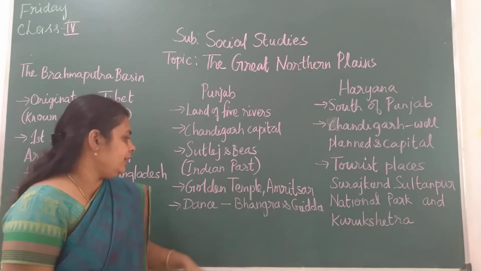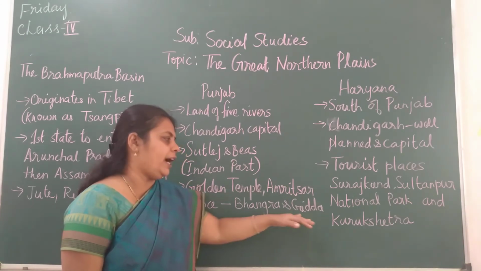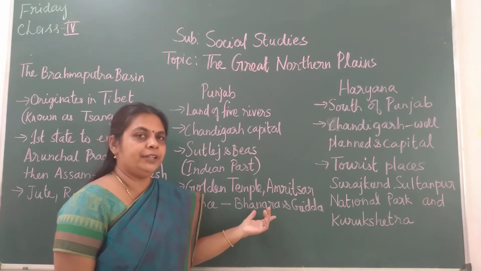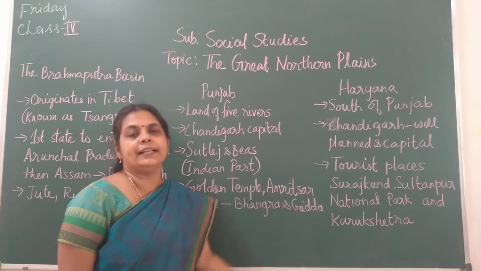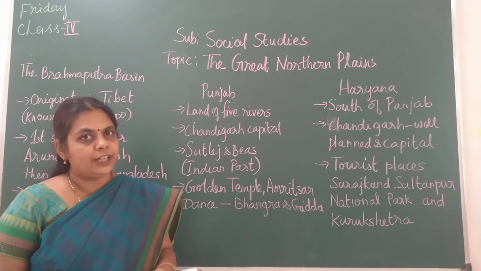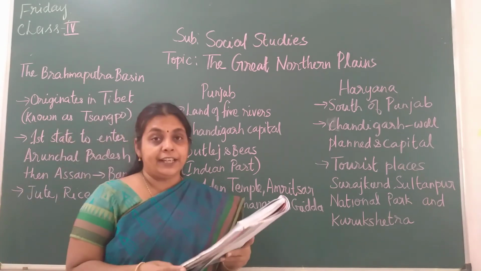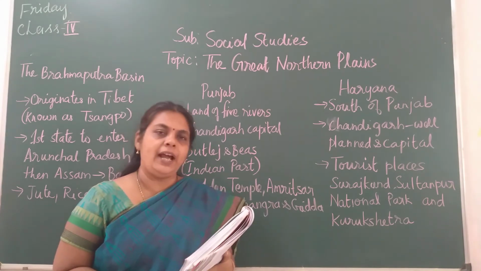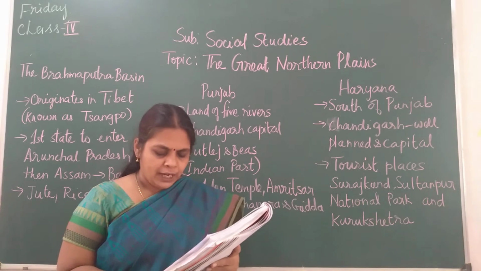Then what are the famous dances? It is Bhangra and Gidda. You very well know about Bhangra, children. Beating to the drums, it is a very energetic dance. What food items do they eat? That is makki ki roti and sarson ka saag, their favorite dishes, children.